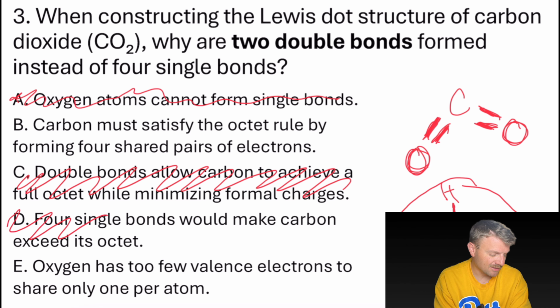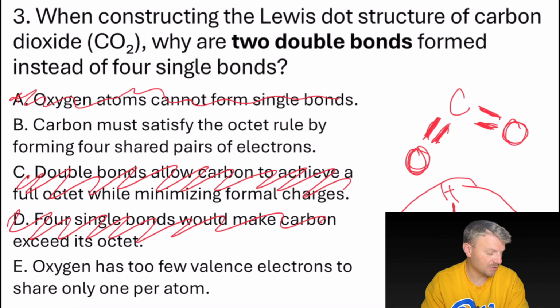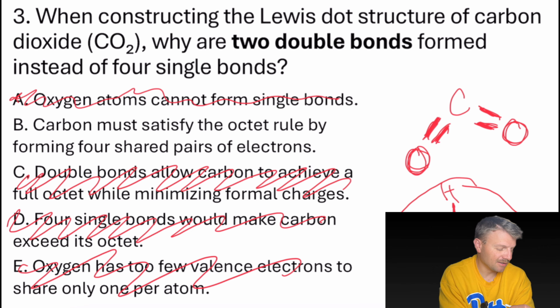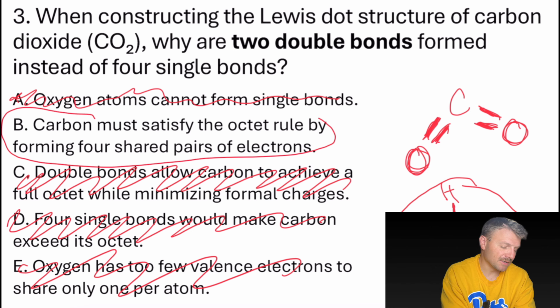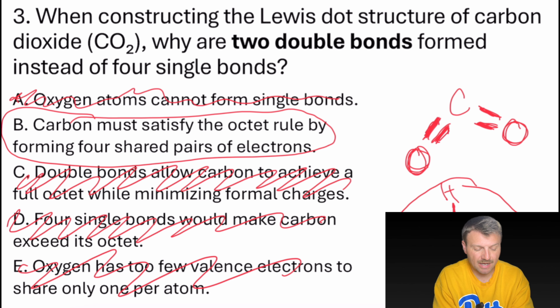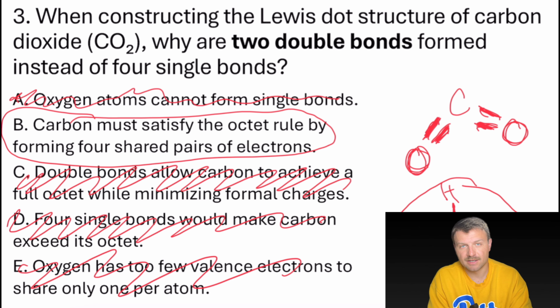So no, D is not the answer. Answer E, oxygen has too few valence electrons to share only 1 per atom. Nope, that's not the answer. Doesn't make sense. The answer here is B. Carbon must satisfy the octet rule by forming 4 shared pairs of electrons. Yes, it must have these double bonds between the carbon and the oxygens.